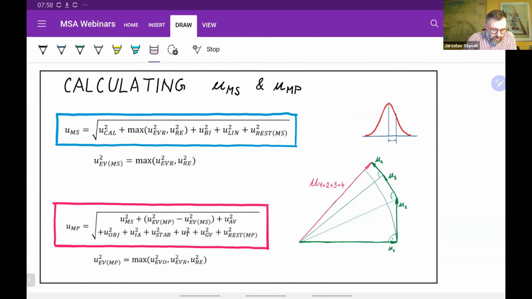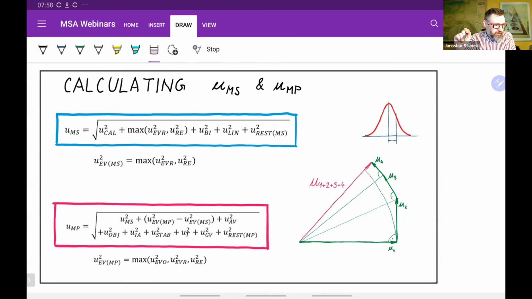So here you have the formulas on how the uncertainty of the measuring system and then the measuring process is calculated. And it is always a square root of a sum of squares of the individual uncertainties.